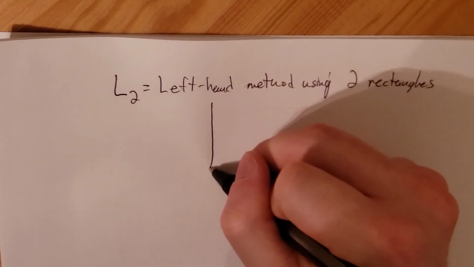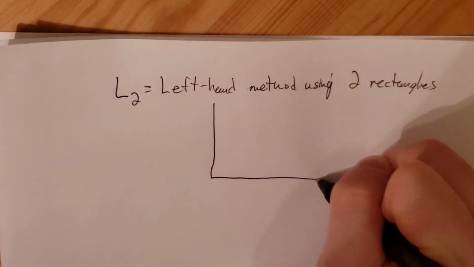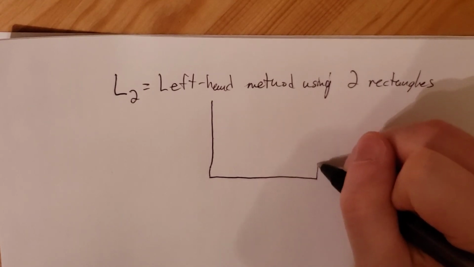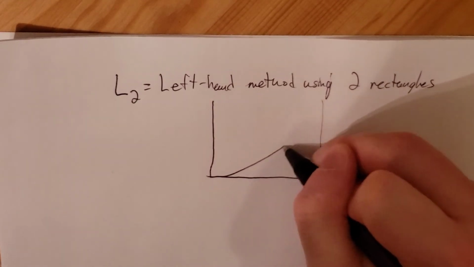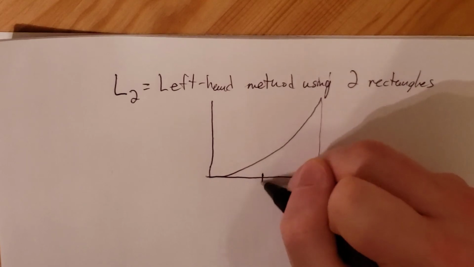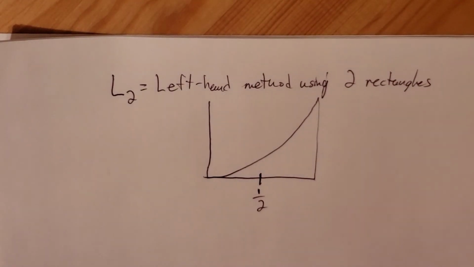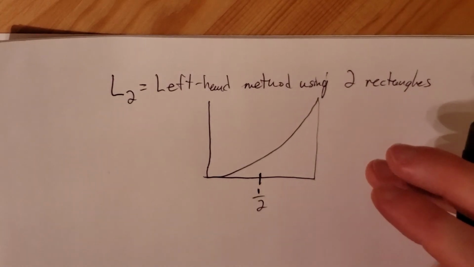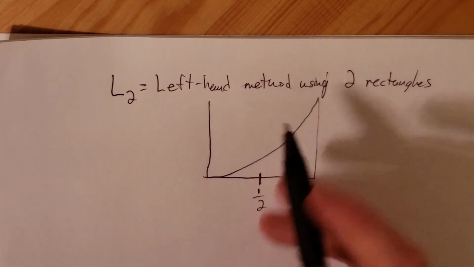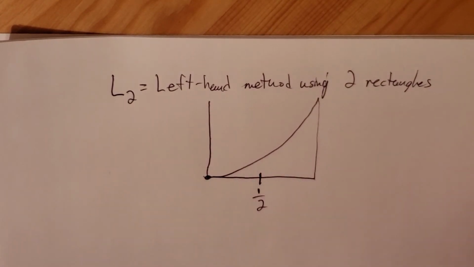Now, what is that? Again, we have our function here. Using 2 rectangles means we break this up into just 2 intervals. But now we want to use the left-hand side of each interval as the height.